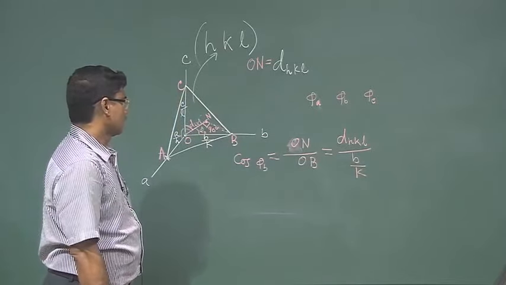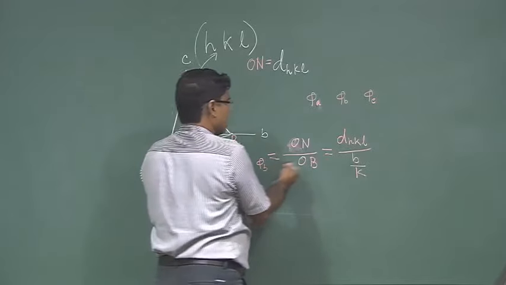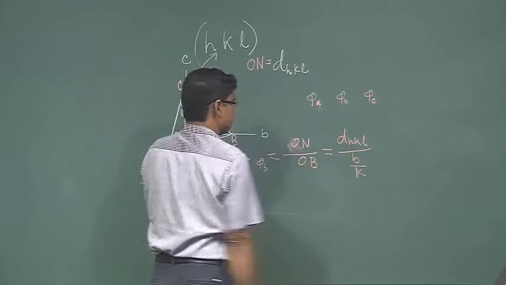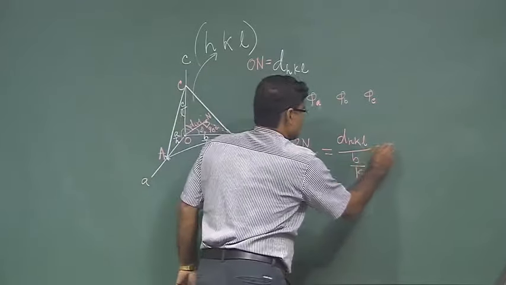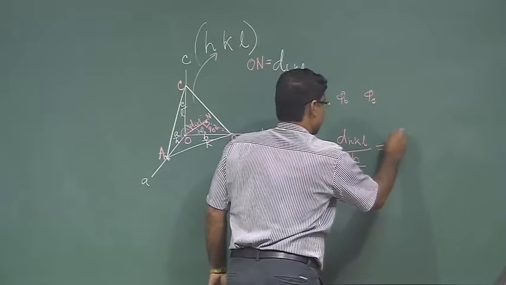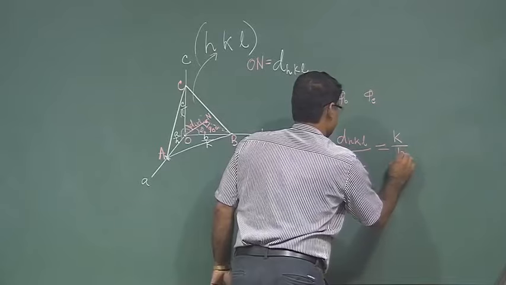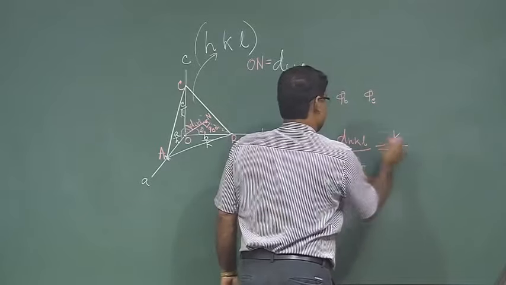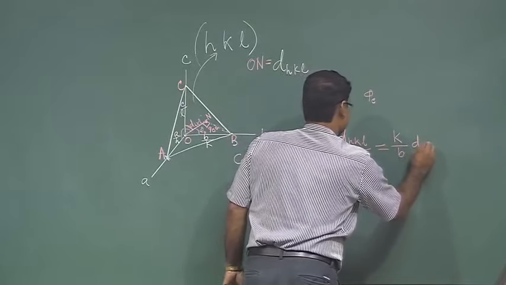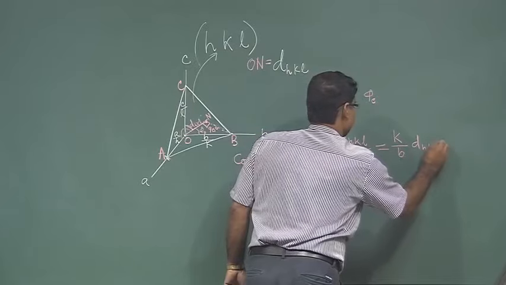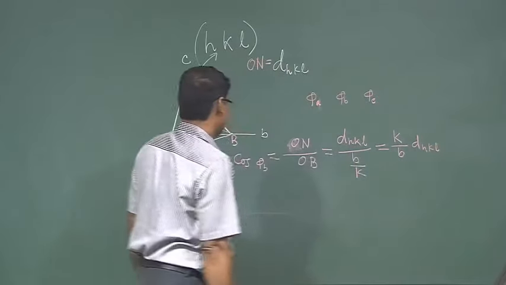So cos phi B is equal to K by B, DHKL, right.